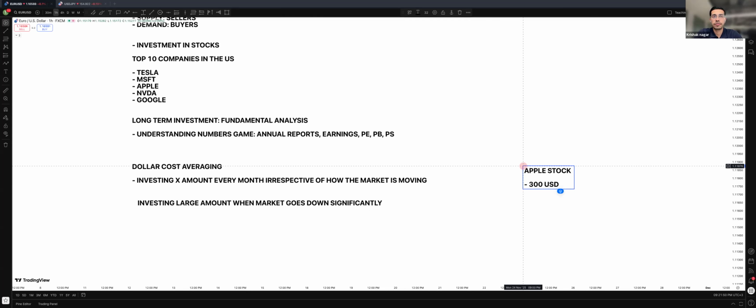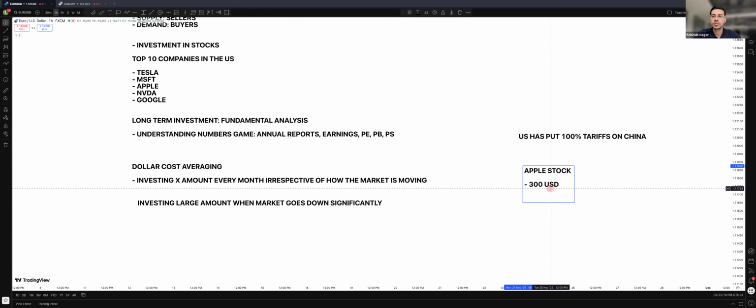Now let's say Trump announces something in the markets. Let's say he says that the US has put a 100% import-export duty, a tariff, on China. What happens? The market goes down, right?